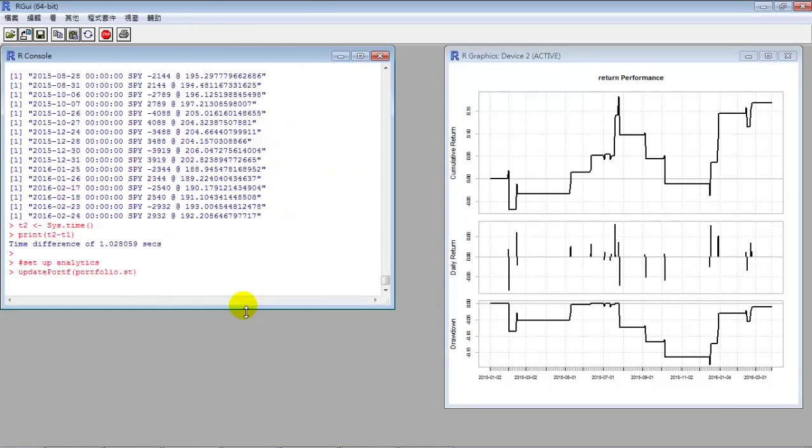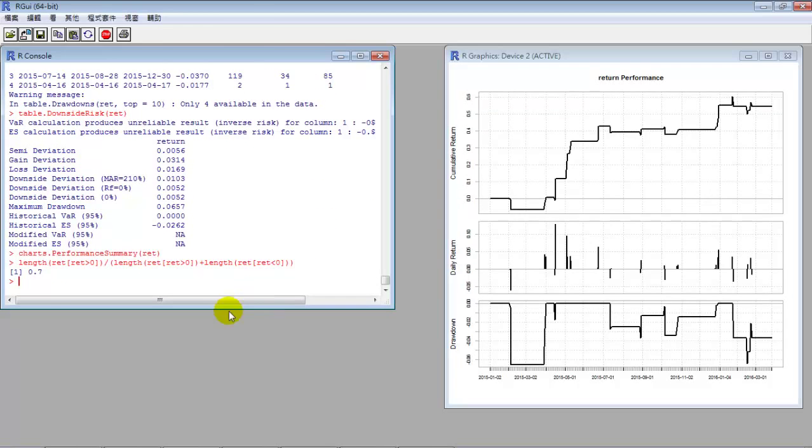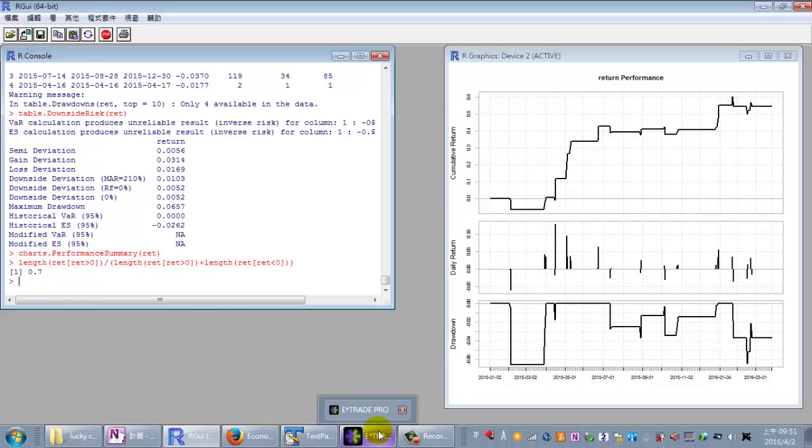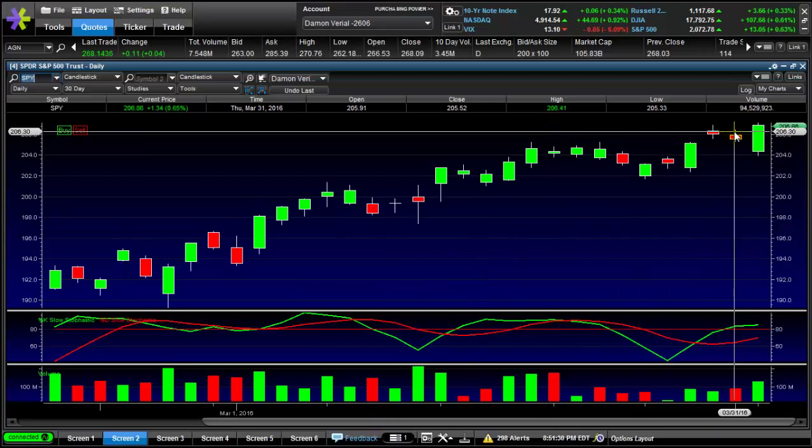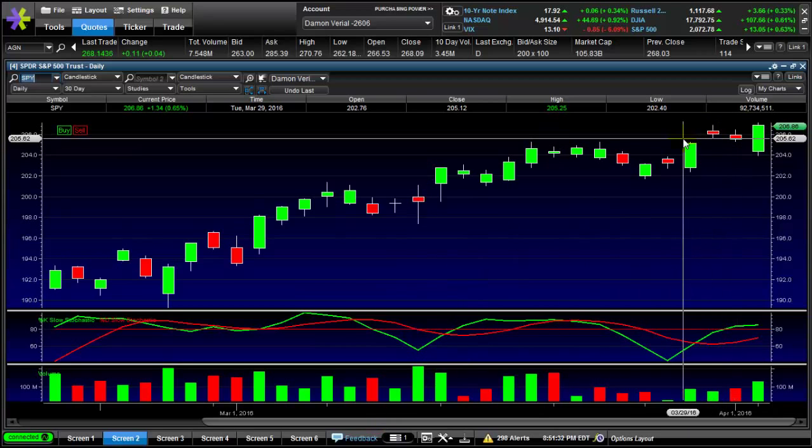And after we run it, here's what we get. So that 0.7 right there you see, that means 70% of the time the gap will close within 1 day. So 70% of these gaps are not day trades, but 1 day intraday trades. So that would mean like here that the gap didn't close yet.